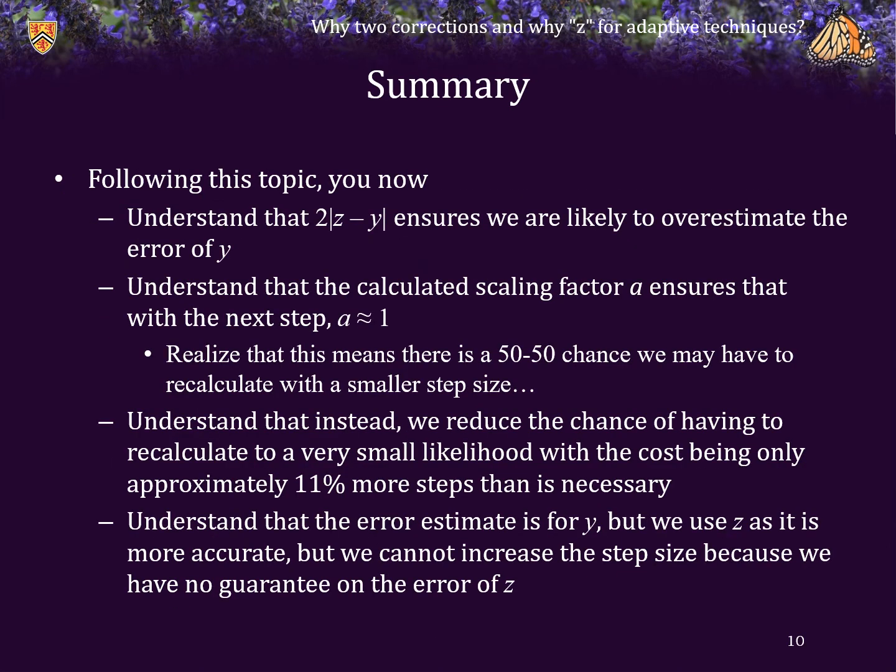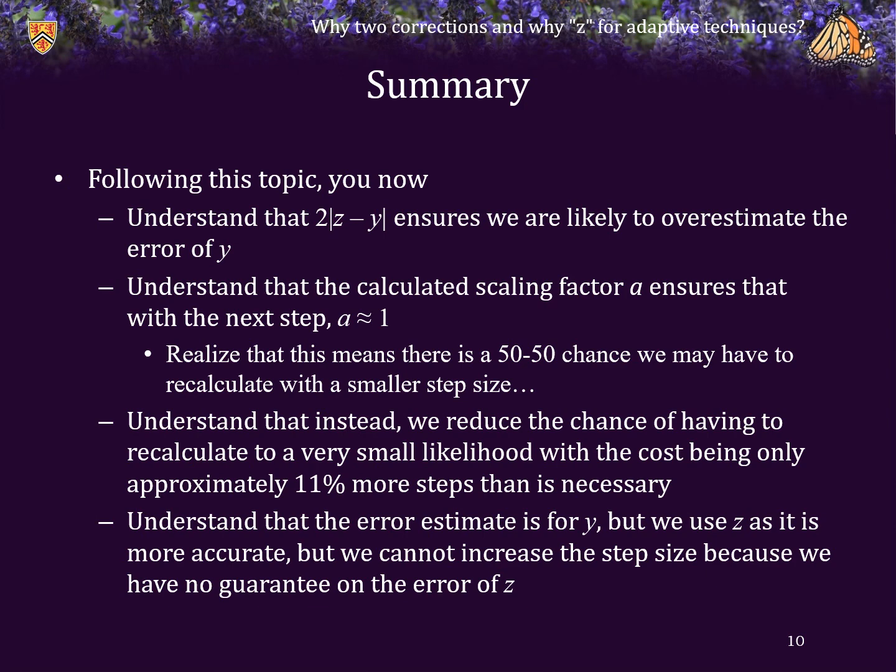So following this topic, you understand that the overestimate, twice the difference z minus y, ensures that we are overestimating the error of y. You understand that the next calculated scaling factor a ensures that with the next step, it's very likely that a will be approximately equal to 1. And you realize that this means that there will be approximately a 50-50 chance with the next step that we actually will have to recalculate with a smaller step size.